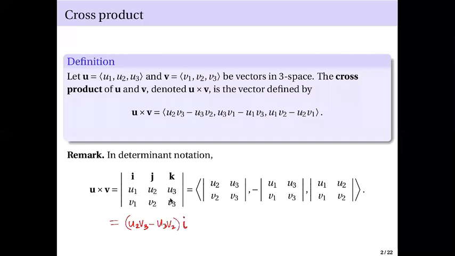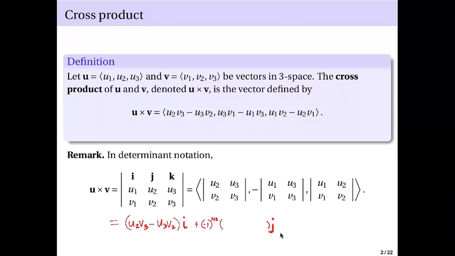Plus you have negative 1 raised to 1 plus 2, remember the cofactor expansion, and then you have your j. In essence, we are calculating the determinant using the cofactor expansion along the first row.